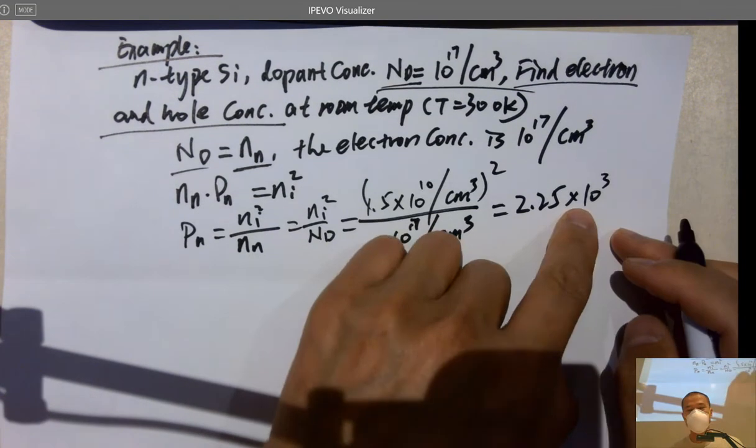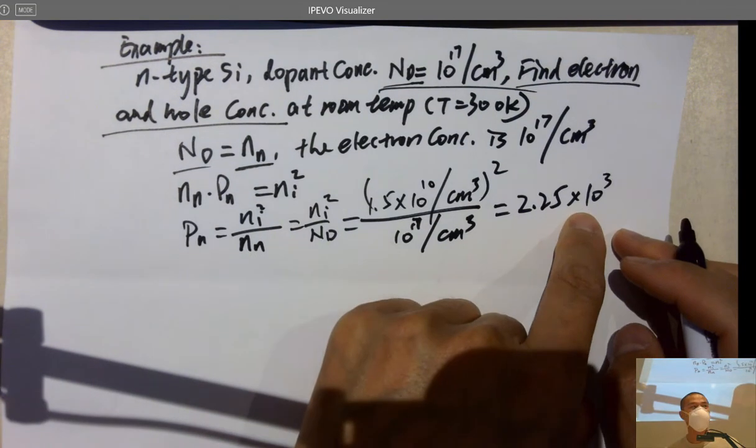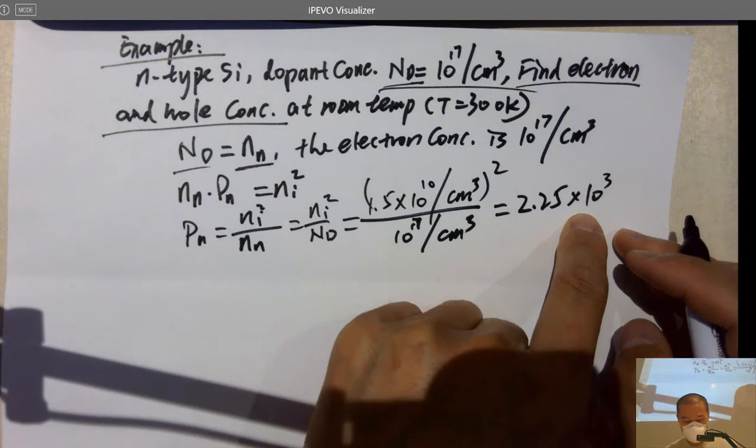So that's a minority. You're going to have only 2,000 holes. Oh my goodness.